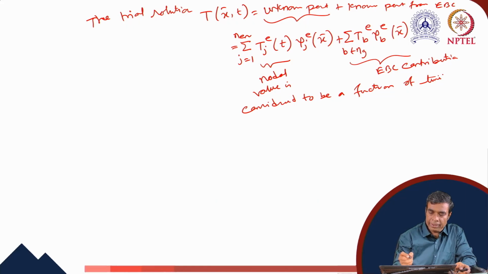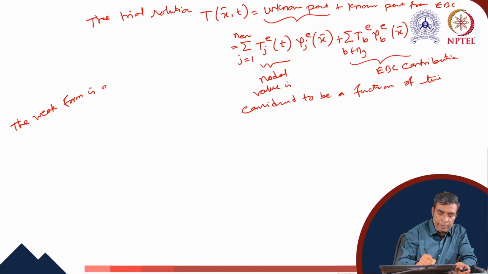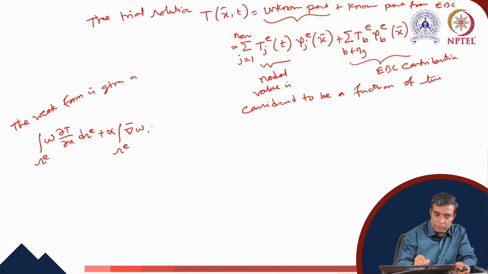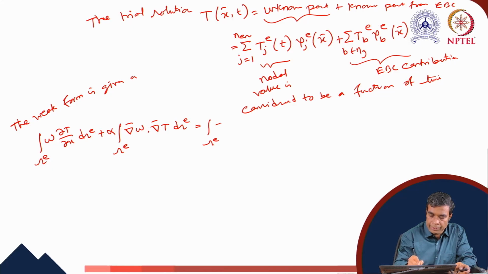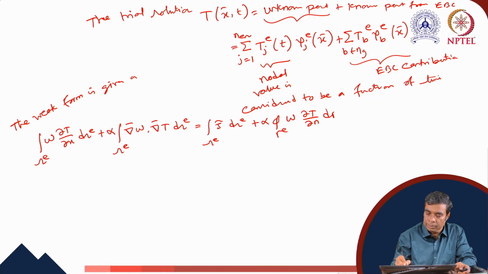The weak form which we already had is given as integration over omega e w del t del x d omega e plus alpha integration over omega e gradient of w dot gradient of t d omega e equals integration over omega e s tilde d omega e plus alpha boundary integral over gamma e w into del t del n d gamma e.